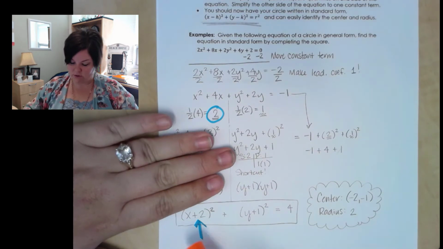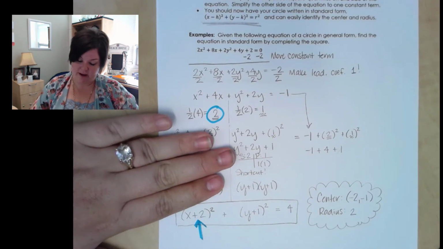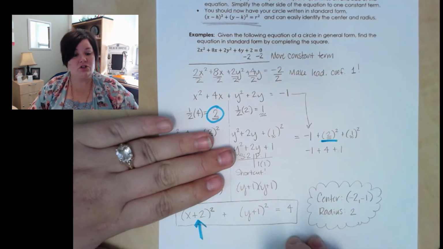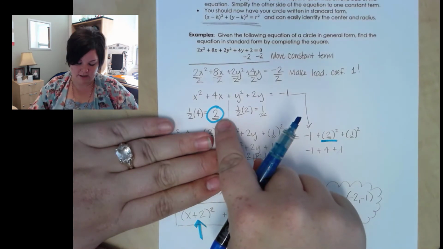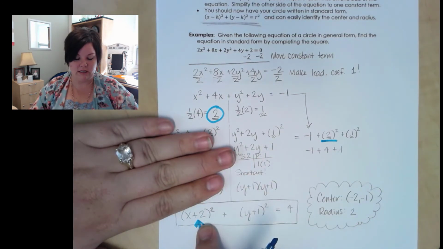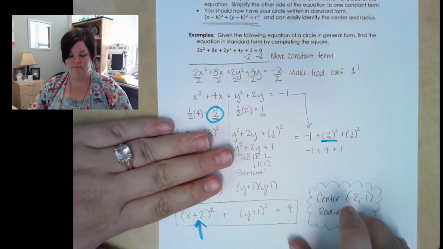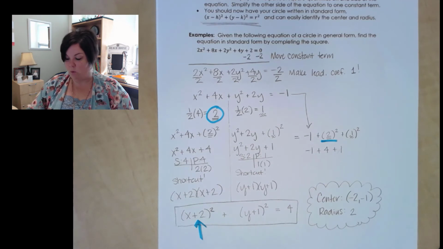Now, the one thing you do have to remember is that you have to square that 2 and add it to the other side. So if you use this shortcut, that is the one thing you have to remember, is that once you find this 2 and you use the shortcut to get it in the squared quantity, you still have to square the 2 and add it on the right-hand side. Okay? Same thing is true with the y's.